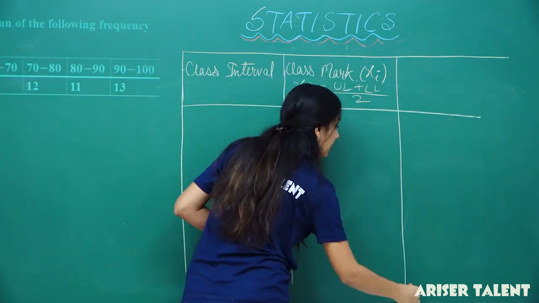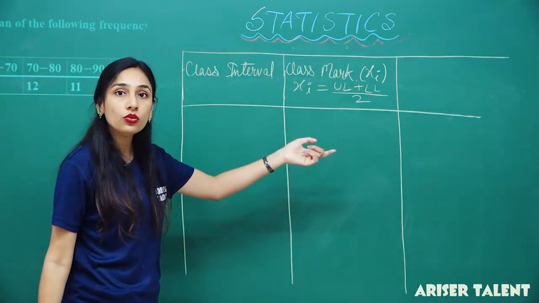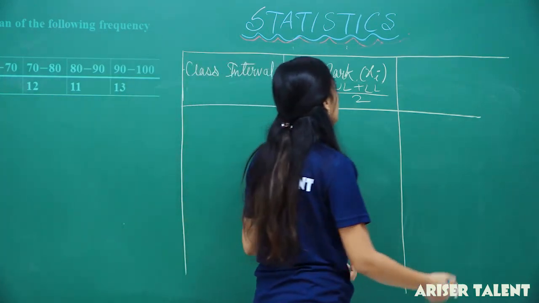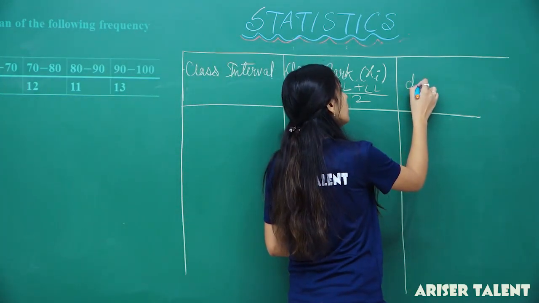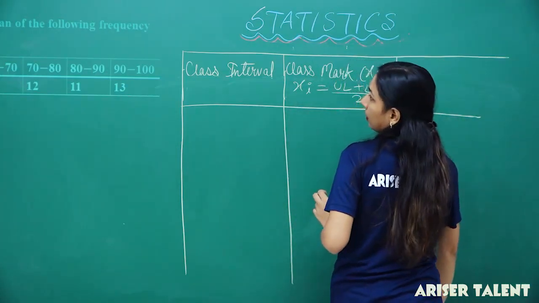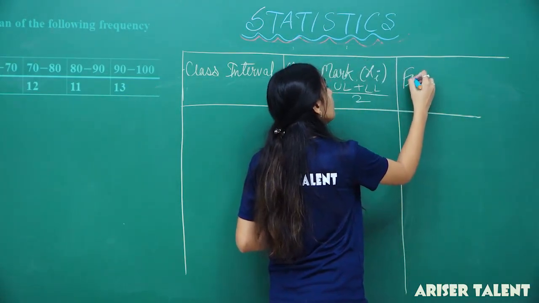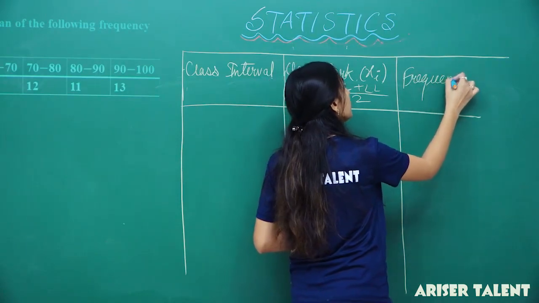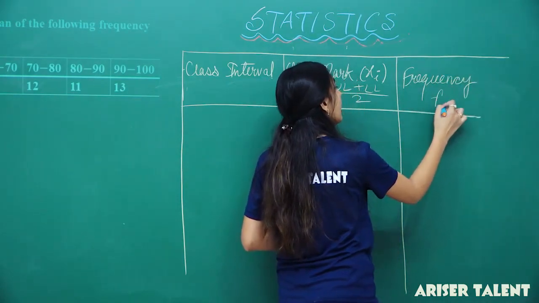After finding the class mark, we'll have the frequency Fi, which is already given, so we just copy it from our question.